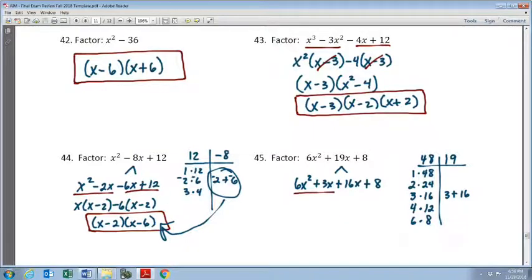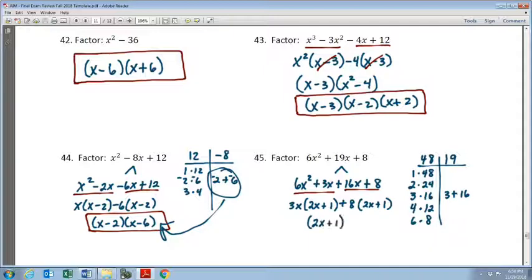So let's go ahead and factor the first 2 terms. Our GCF here is 3x. So it would be 3x times 2x would be the 6x squared, and 3x times 1 would be 3x. So when we factor these 2 terms, we expect to get a 2x plus 1. And 2x times 8 would give us the 16x. And notice 8 times 1 is 8.